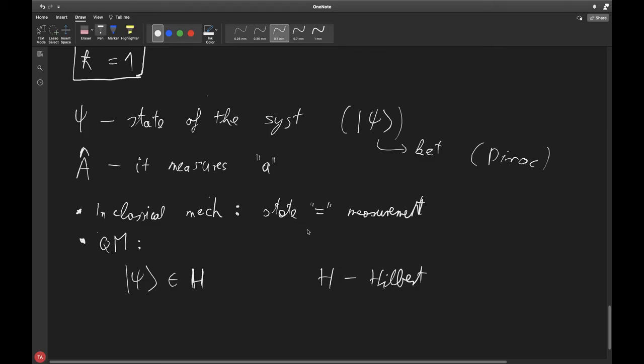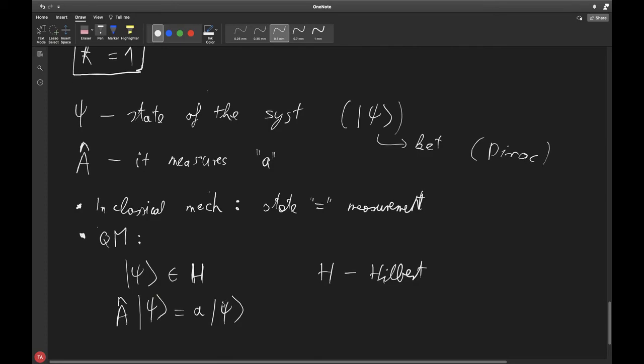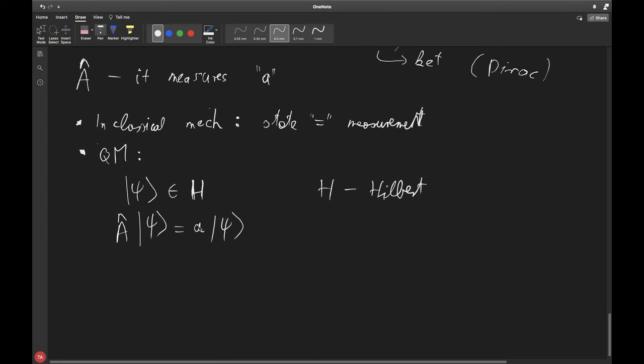So when we act on a state with the operator that measures stuff, so the A operator acts on the state psi, then it's going to give us the A measurement and the psi state itself. And as I mentioned earlier, we could say that the state is that the electron is on the 1s2 orbital, and then this measurement can be the location of this electron.